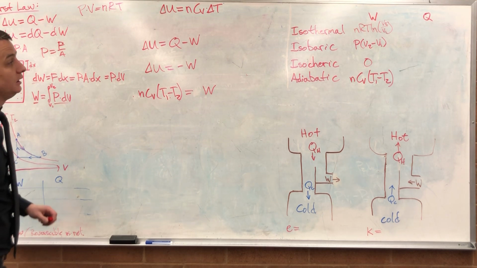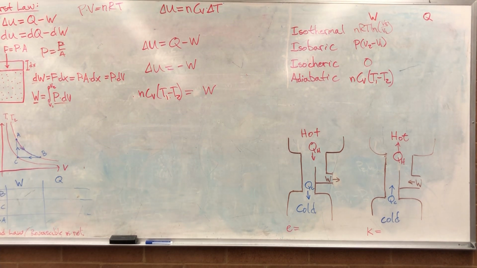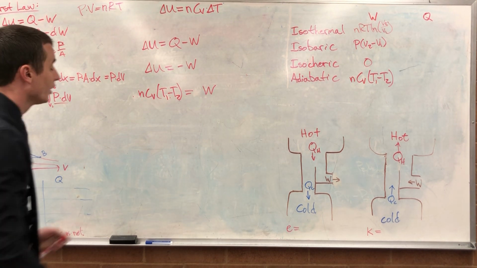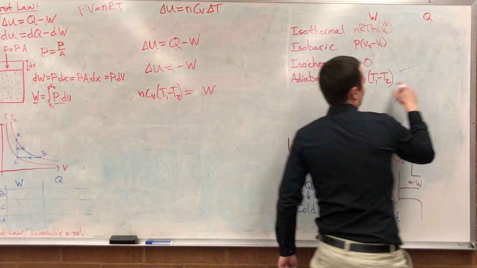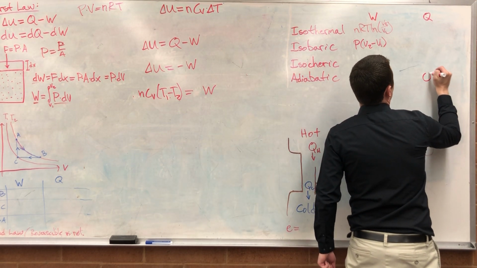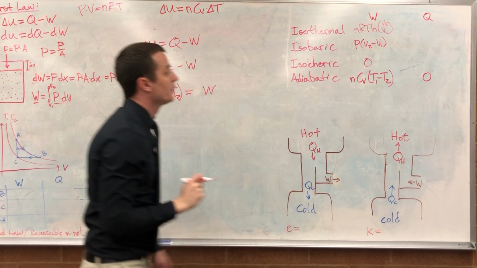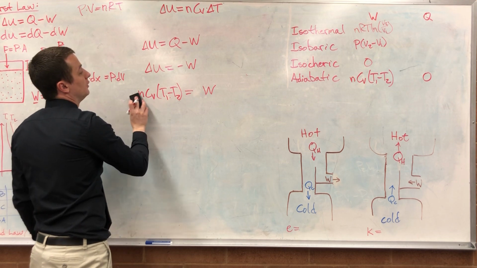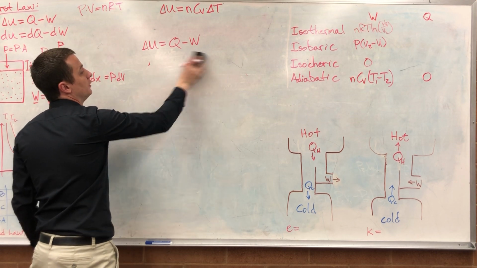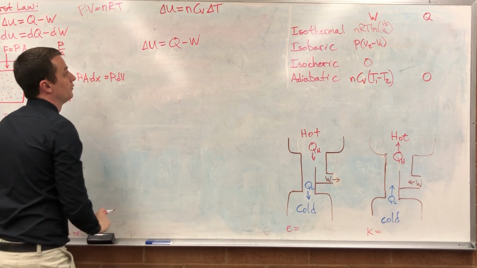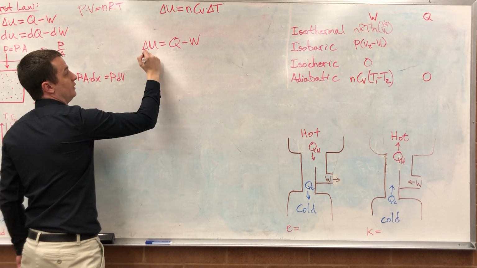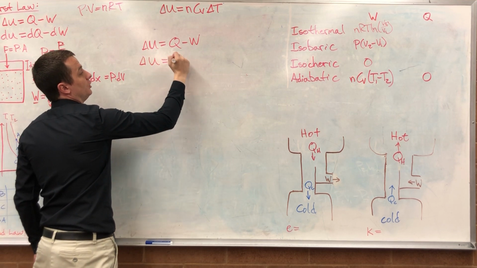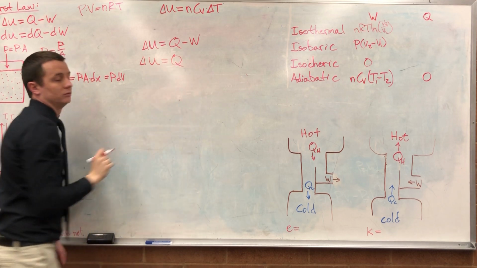Now let's talk about heat in each of these cases. Heat in an adiabatic case, we already calculated that. That's going to be 0. In an isochoric case, what's heat going to be? We have delta U is equal to Q minus work, which is 0.